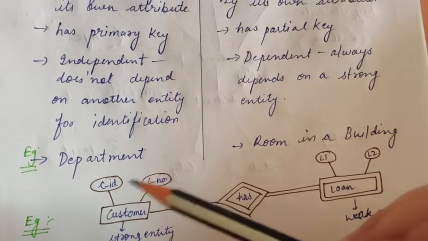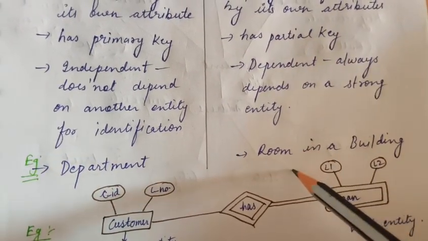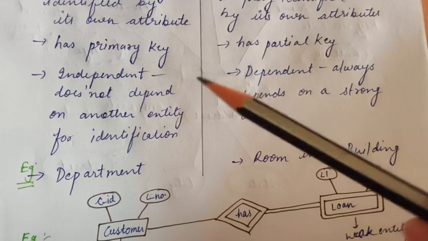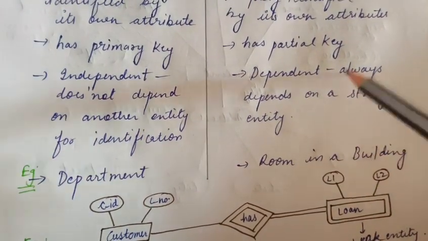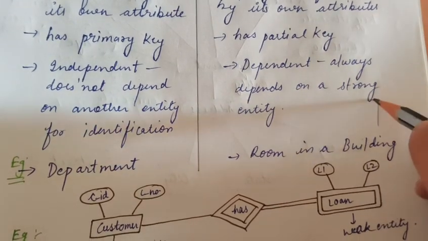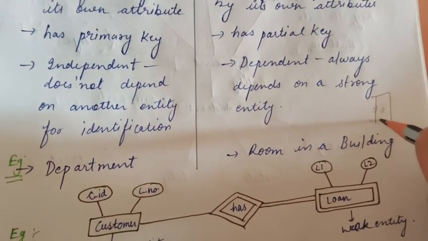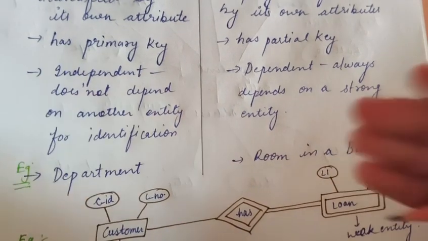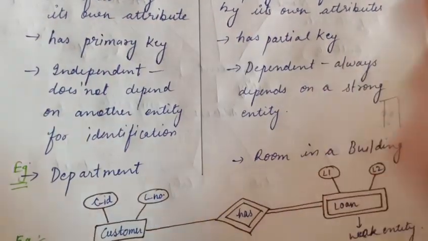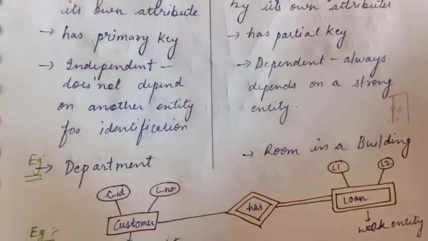So how it is? Room can be identified by the building. Okay, so this is a building, there are the rooms. So rooms can be identified when the building is there. Okay, when there is no building, no room.